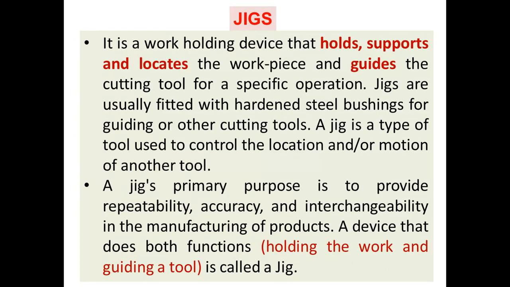Jigs are primarily used with the following objectives. We get proper repeatability with jigs, because we are reducing the manual skill, we are getting good accuracy, and we are getting very good interchangeable components, because every time we do not have to set the points, etc. The device that does both functions, holding the work and guiding the tool, is called a jig.